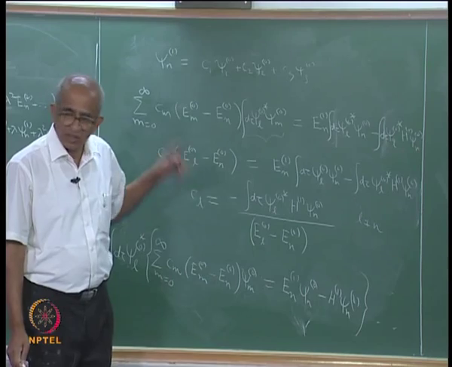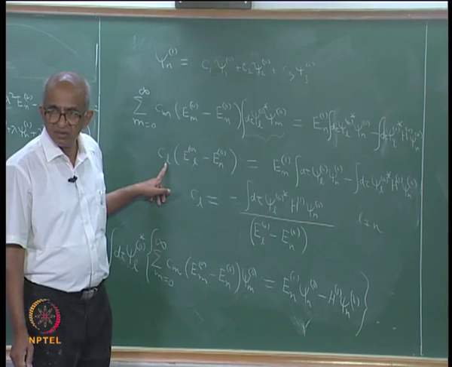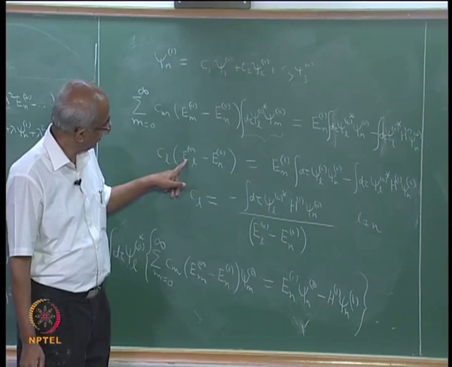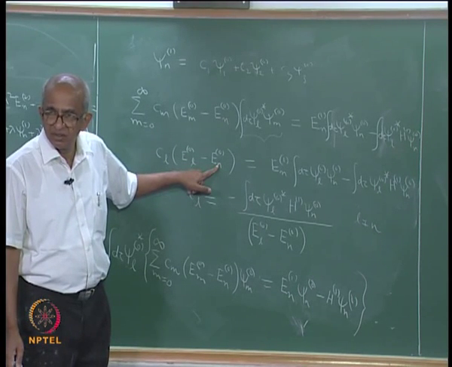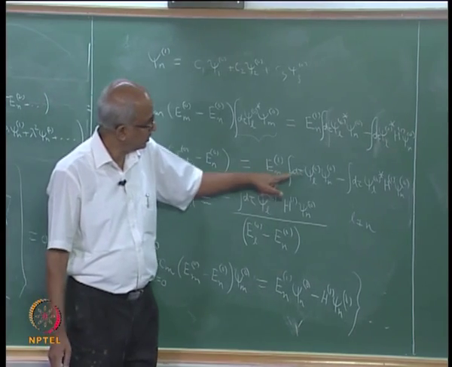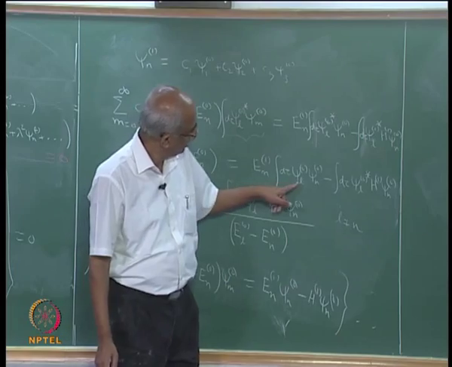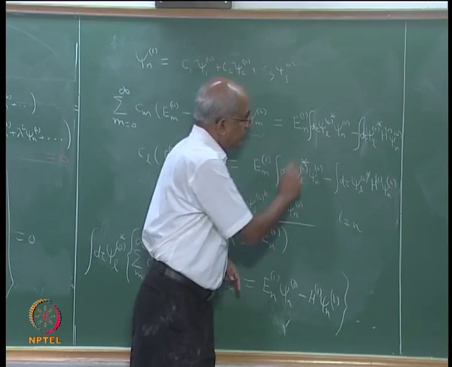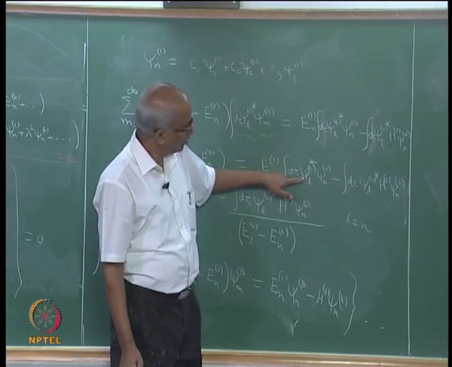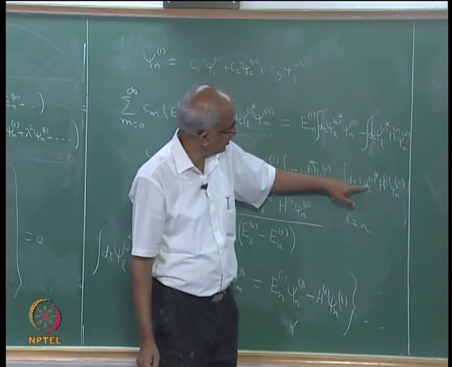Suppose I had put L equal to n here, then what will happen? This term actually vanishes, right. And what about the right hand side? If you put L equal to n, you will have psi N0 star here, so this will be 1, and what about this one?